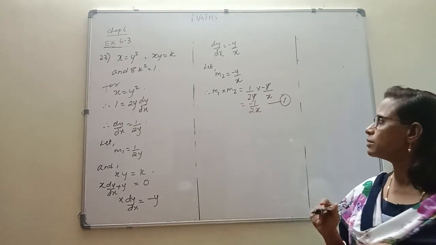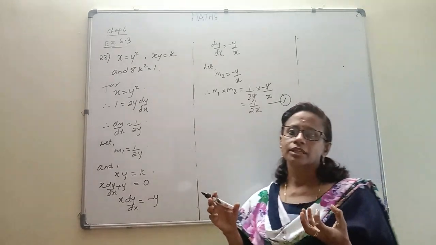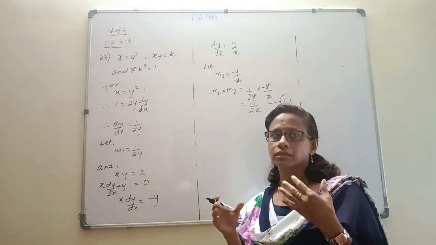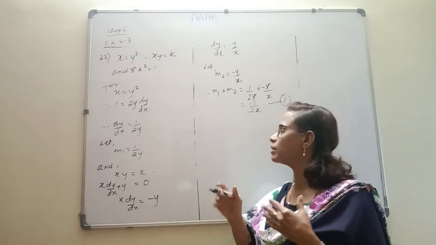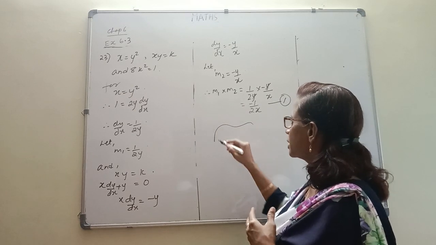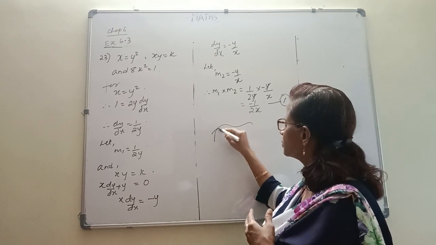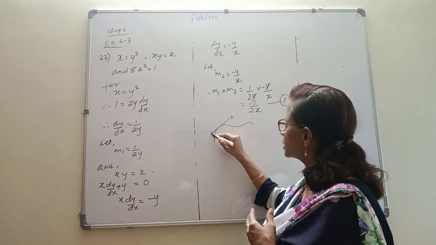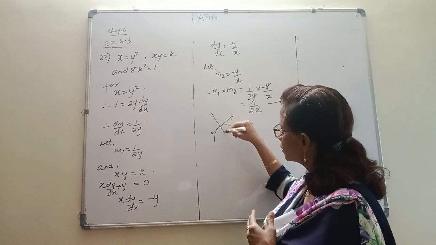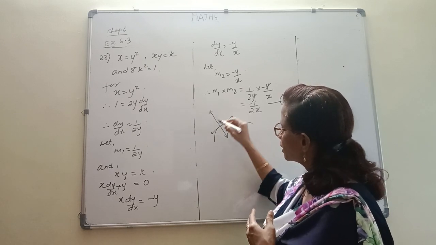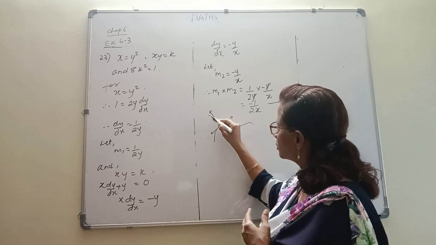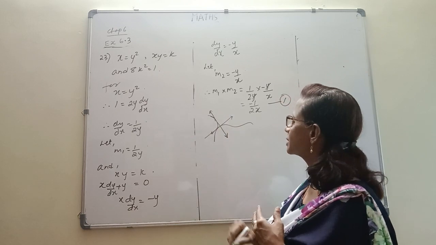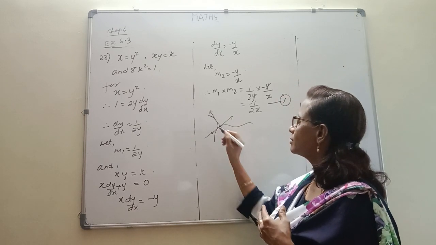Now somehow we should get a value of x. We don't know how the curves look. There is this curve here whose tangent is like this, and there is another tangent. So they probably are perpendicular, like that.